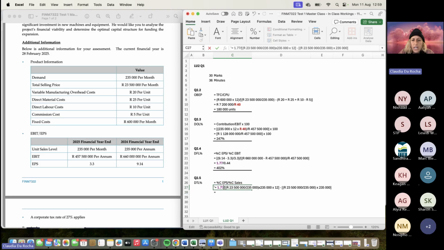So what does that look like? Let's just calculate that quickly. It would be divided by, and I mustn't forget to also include the division, because remember, I want the percentage sales, so I mustn't forget that.